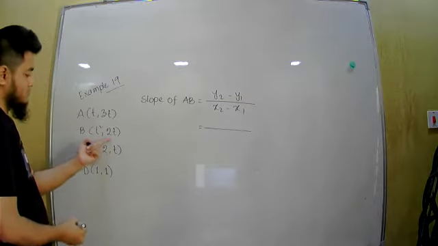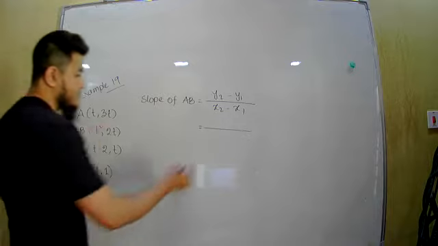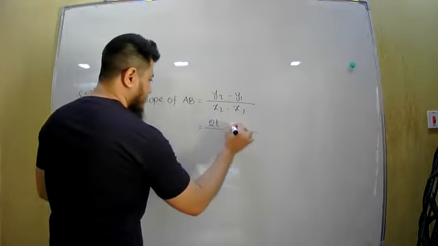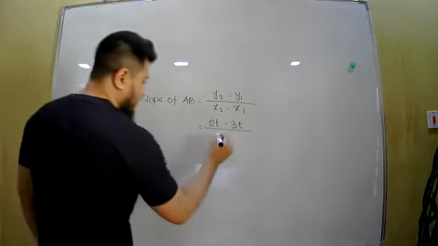So let us consider y2 minus y1, so 2t minus 3t, then x2 minus x1, t square minus t.